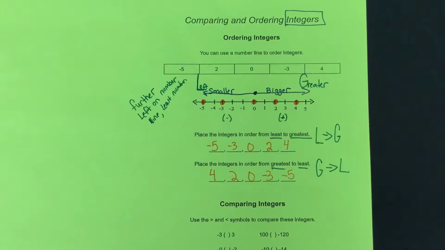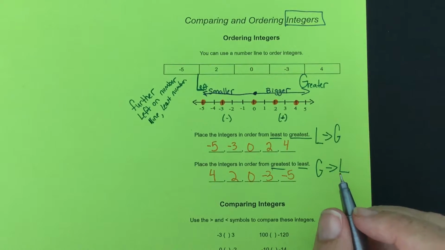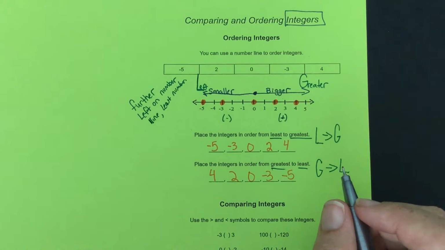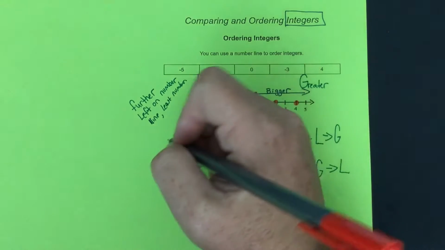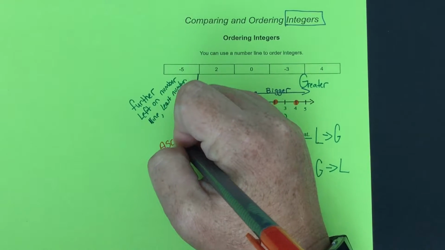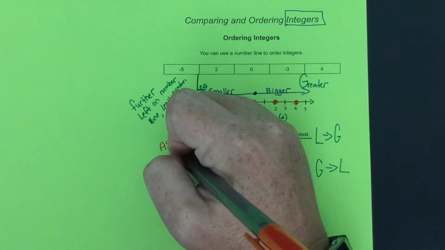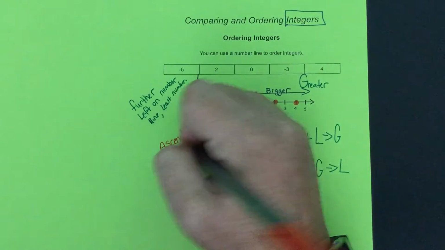Now, vocabulary word time, because we like to do those vocabulary words. When I put them in order from least to greatest, we're in big kids school now, so there is a lovely word that we use, and it's called ascending. Ascending order.